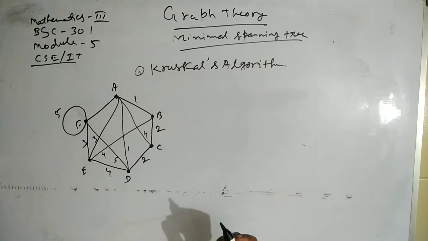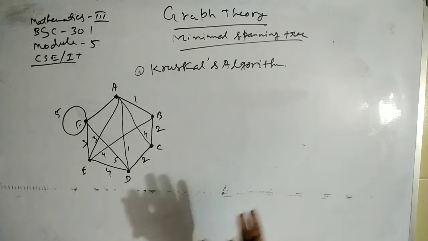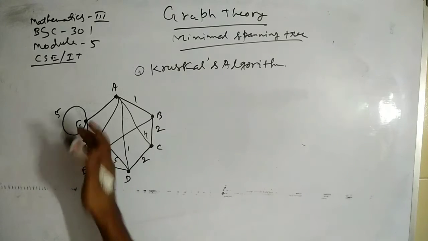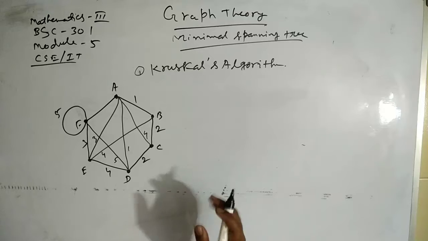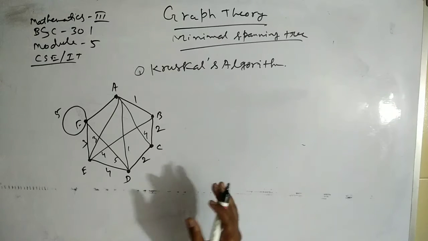Now, to find the spanning tree or minimal spanning tree, we know that we have to first eliminate all the self loops and parallel edges given in that graph, because a tree is always acyclic and connected.